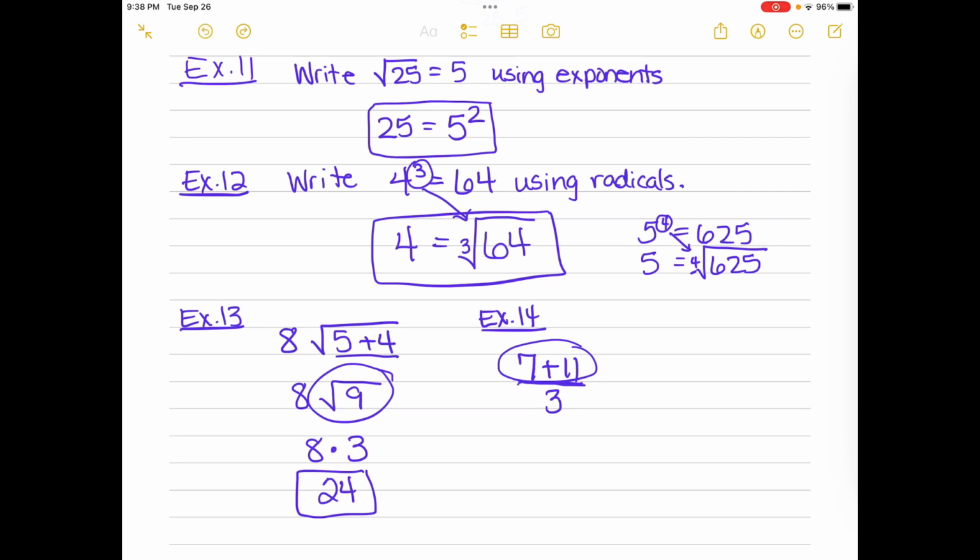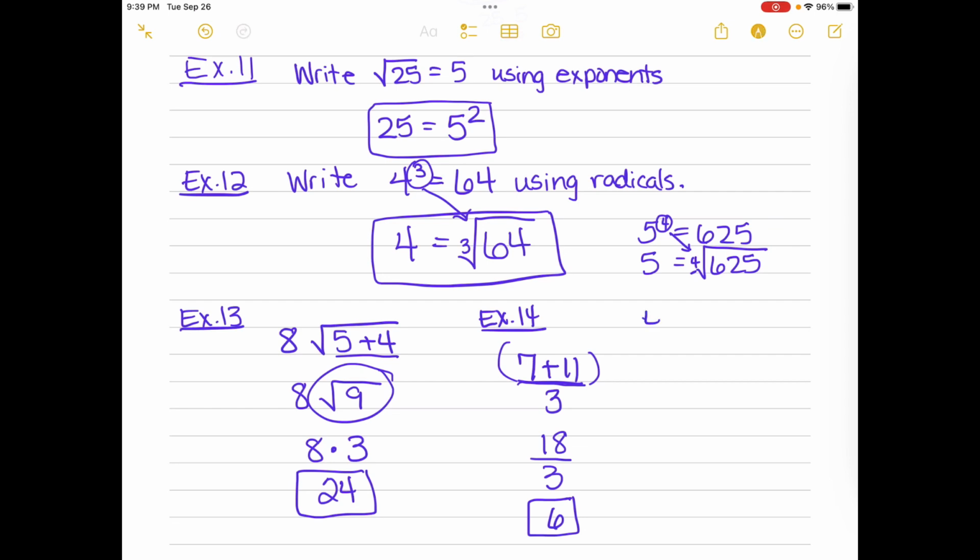It's almost like they're in a parentheses. So I'm going to do 7 plus 11 first, and I get 18 divided by 3. And then I do that part. 18 divided by 3 is 6. And that's my answer. Some kids were leaving this like this on a previous worksheet, and you need to actually finish simplifying it.